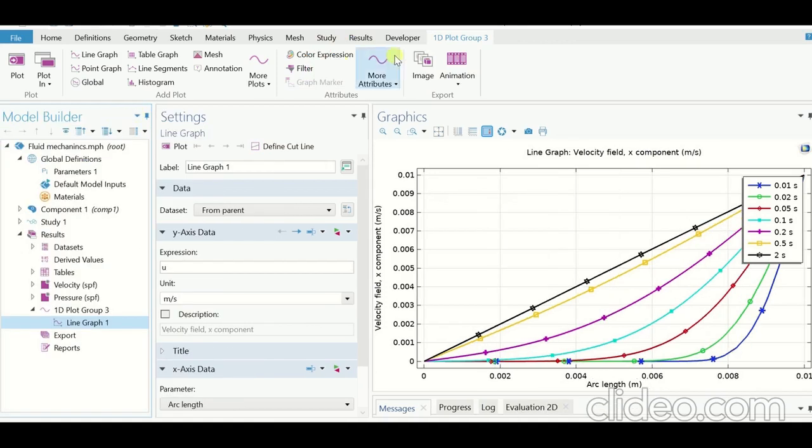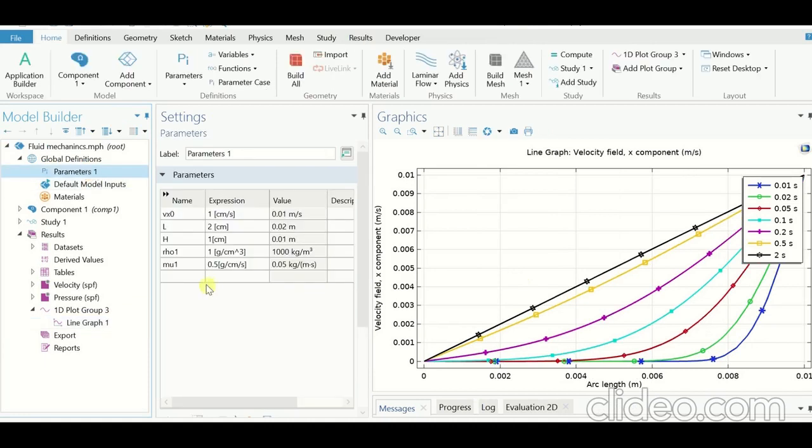So this was our COMSOL model. We have to enter the new parameters. Go to parameters and type A, which is the amplitude, 1 centimeter per second, and the angular frequency omega, which is 2 pi per second.